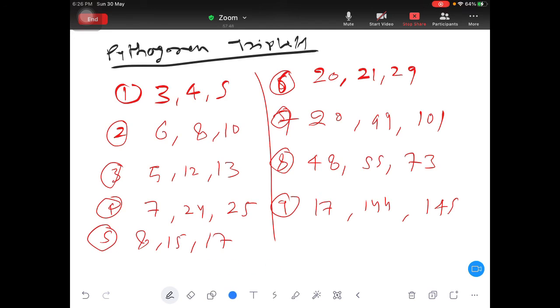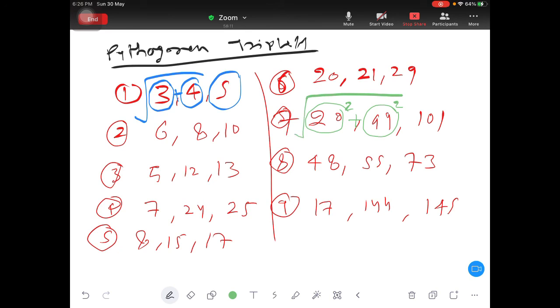What does it mean? It means if you square these, add them, and take the square root, you will get this one. I will repeat again: take the two smaller ones, square them, add them, and find the square root, then you will get this answer.